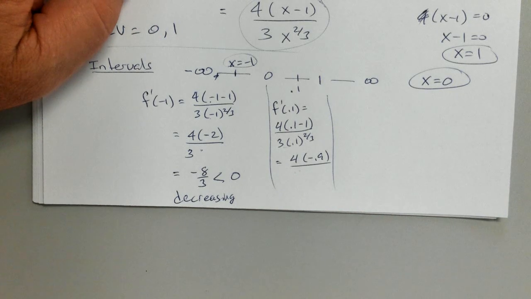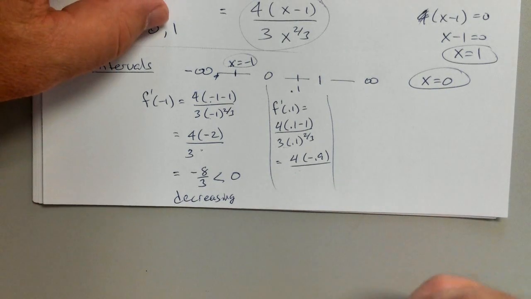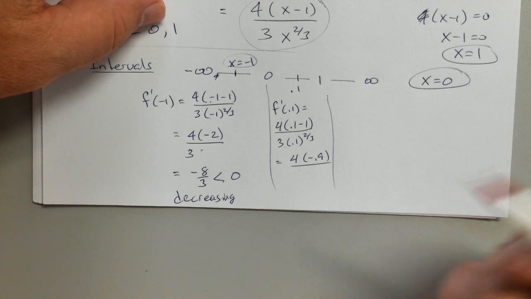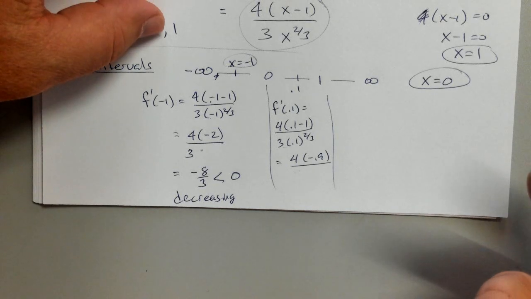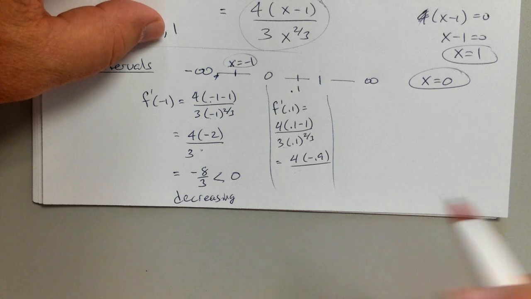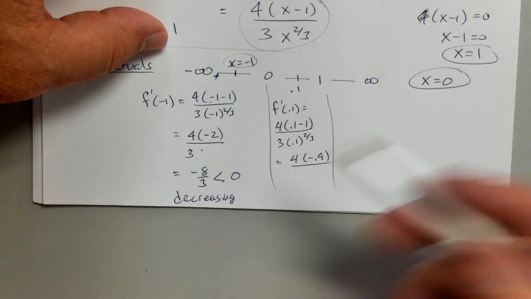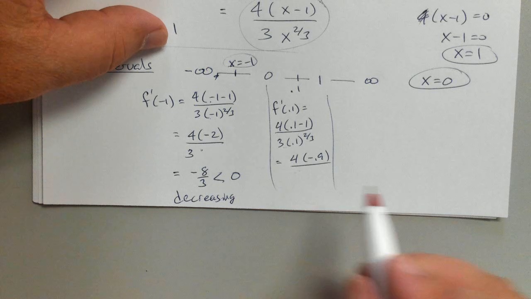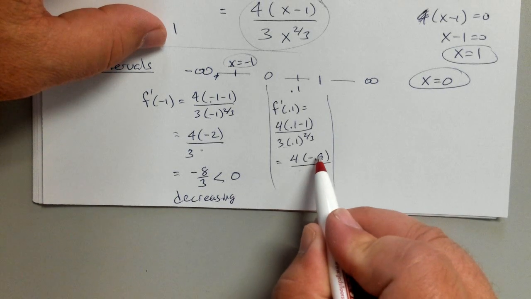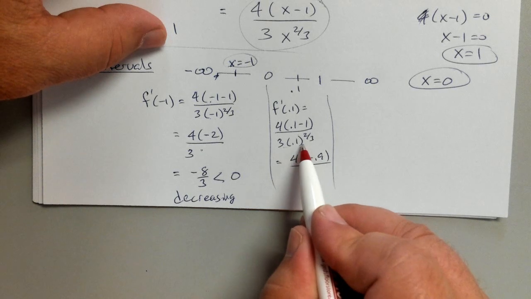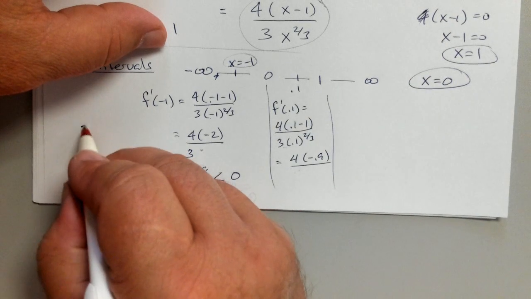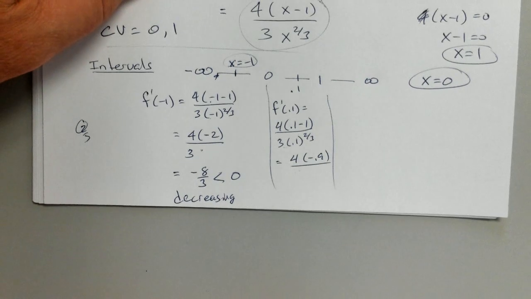We don't have to find the number. All we have to do here is find the sign. Is it going to be positive or negative? Negative, because you have 4 times negative 0.9. And the bottom can never be negative, because the power 2/3 means you square it first and then take a cube root of it.